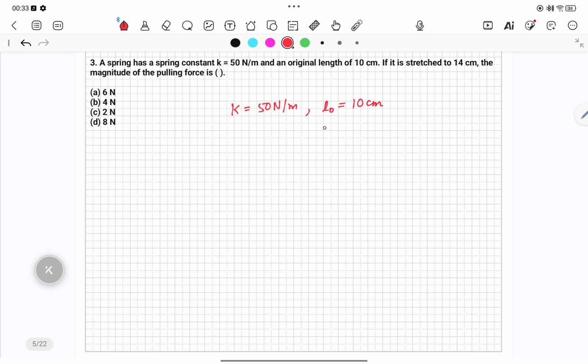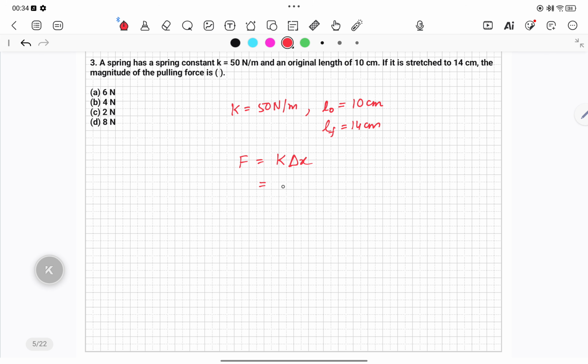And the final length, it is stretched to 14 centimeter. So we have to find the pulling force. We know that pulling force is equal to K times X, where K is the spring constant and X is the change in length, or we can write it as delta X.